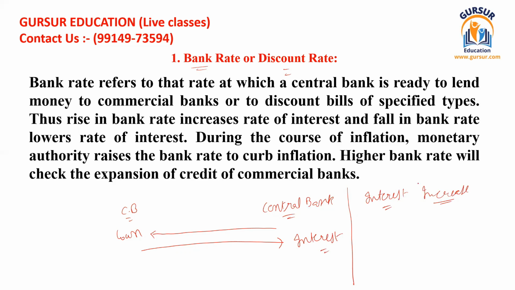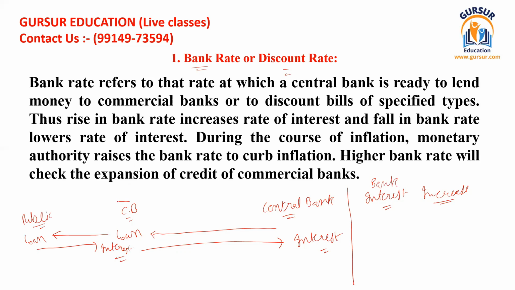Ultimately the commercial banks have to lend loans to the general public, and the general public has to pay interest to the commercial bank. So what happens when the bank rate is increased by the central bank?